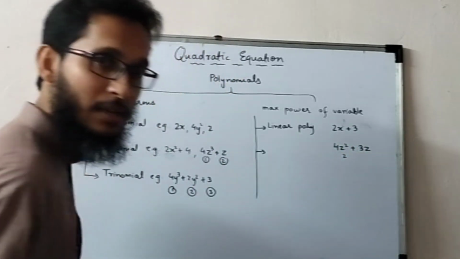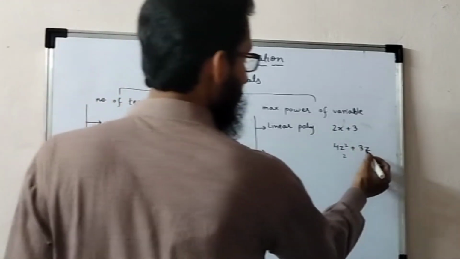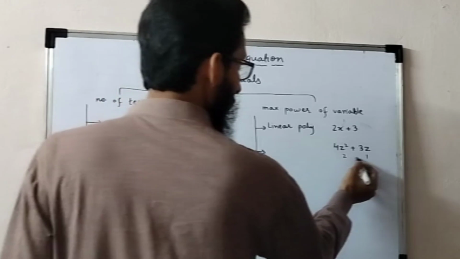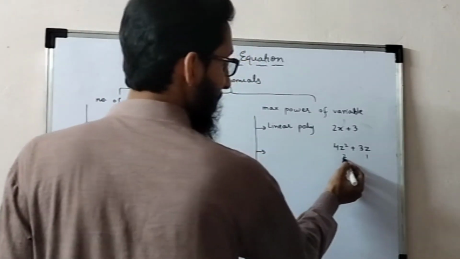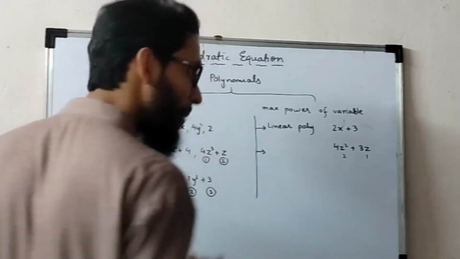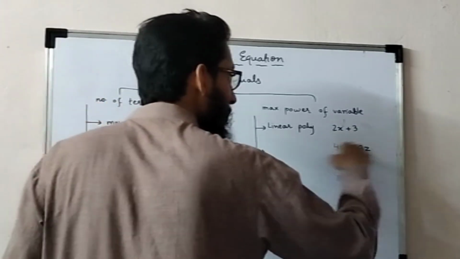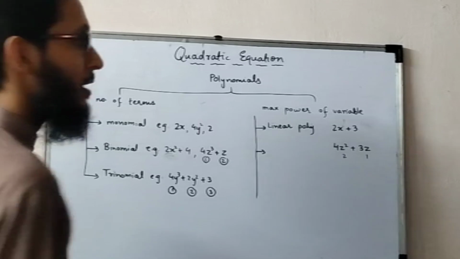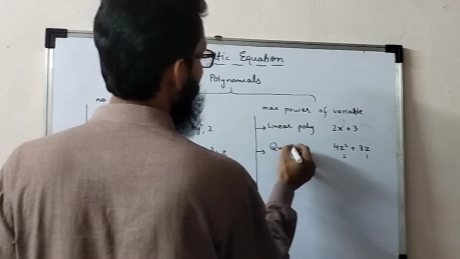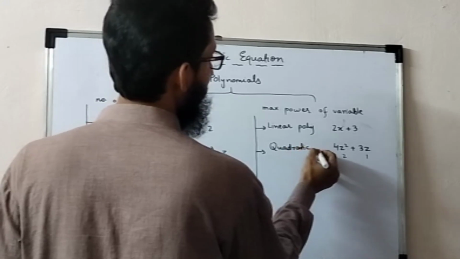Power of z here is 2. And the power of z is here 1. Then what is the maximum power? 1 is not the maximum power here. Maximum power is 2 because 2 is greater than 1. So 2 is the maximum power of this whole polynomial. Okay, therefore this type of polynomial is called quadratic polynomial. Understood? Quadratic polynomial.